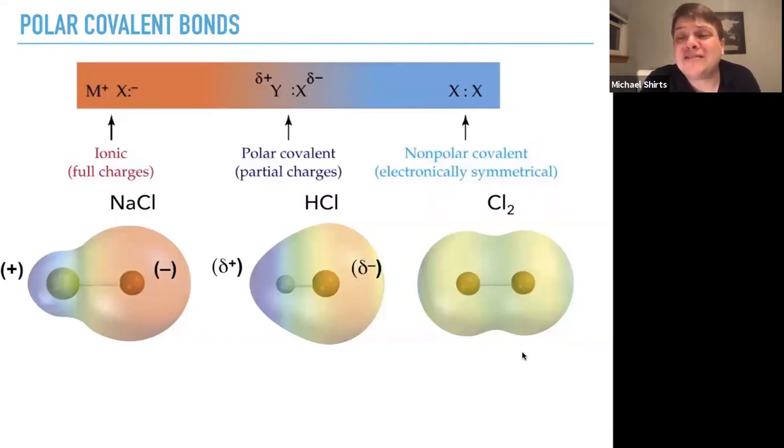The side with the hydrogen becomes a little electron deficient, a little positive, and the side with the chlorine has a little bit of an excess of electrons, a little more negative. So you actually have a polarity in the molecule itself. In contrast, with sodium chloride, you don't really have just two things, but if you did isolate just two of them, then the electron would be essentially entirely on the chlorine and not on the sodium at all.